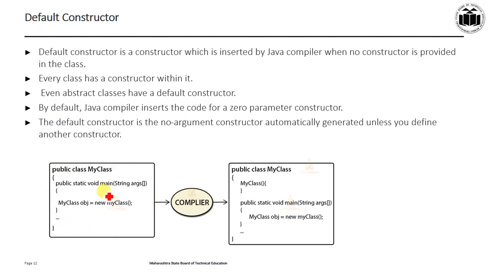So while we compile the program, our compiler will generate the default constructor by itself and it is there in the .class file. While we write the program, that is our .java file, there is no constructor which we create. But when we compile the program, our Java compiler will generate default constructor. So it is available in .class file.